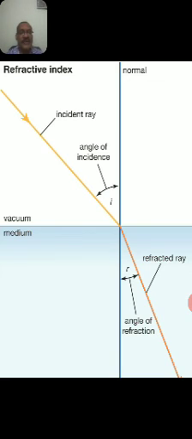The normal is the blue vertical line. You can observe the angle of incidence I. After passing from vacuum into the medium, the ray is refracted. The angle between the normal, the vertical blue line, and the orange line is called the angle of refraction.